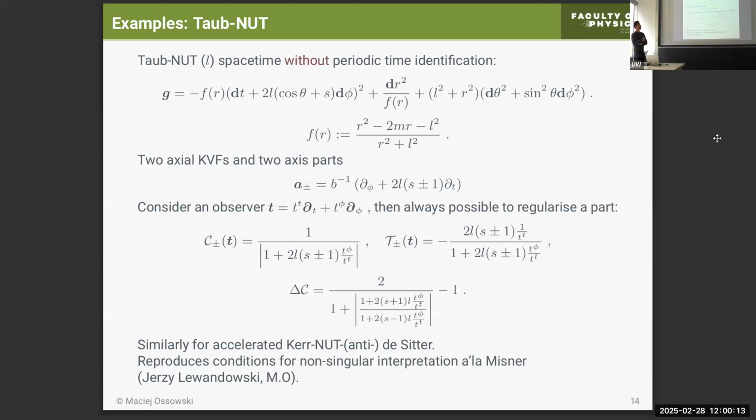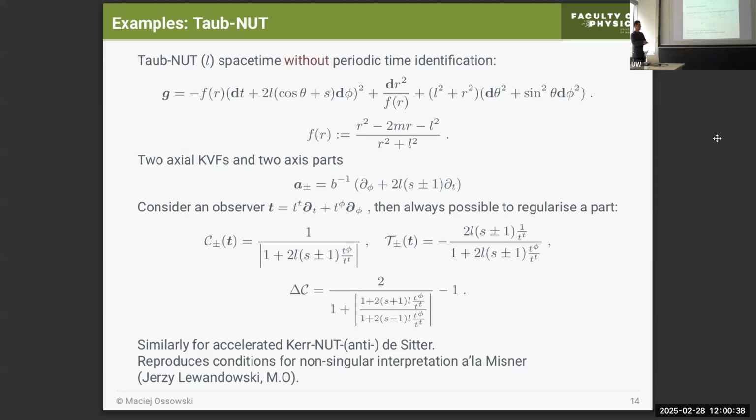There's a time-like Killing vector field which has closed orbits, and it made a difference for us which Killing vector fields we chose to have closed orbits. It turns out that this is exactly the one that doesn't observe any difference in conicities.